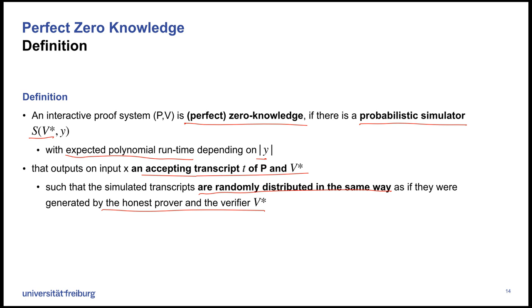So if this can be reproduced by some algorithm, it doesn't mean that you get exactly the same transcript, but every possibility of communication is reproduced with the same probability.